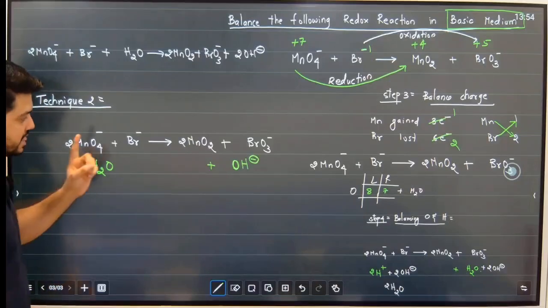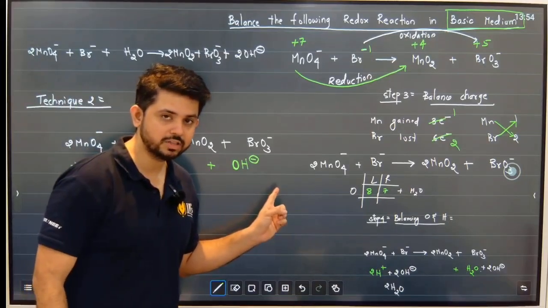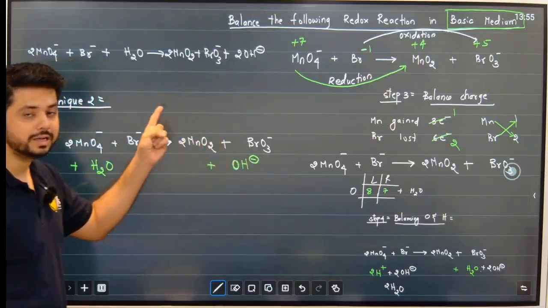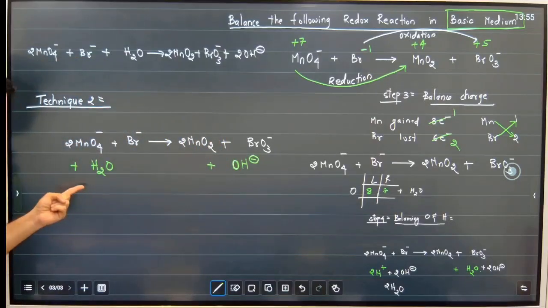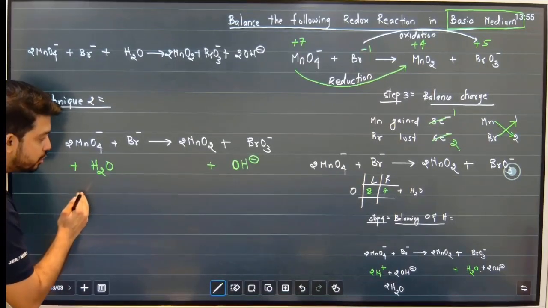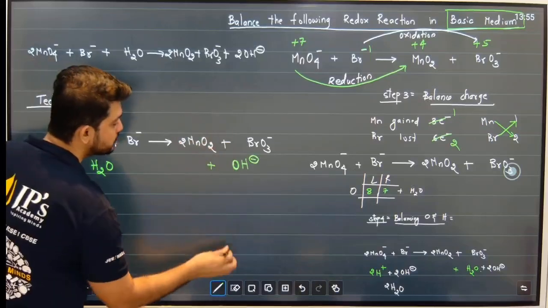I repeat, there was 1 oxygen less on the right, so I added 1 OH minus. I will add equal H2O on the other side. I added 1 H2O on the left, on the other side. I will again add equal number of OH minus on the other side.